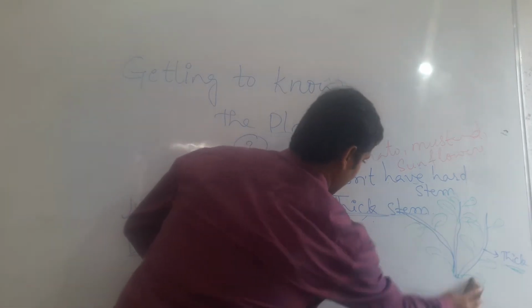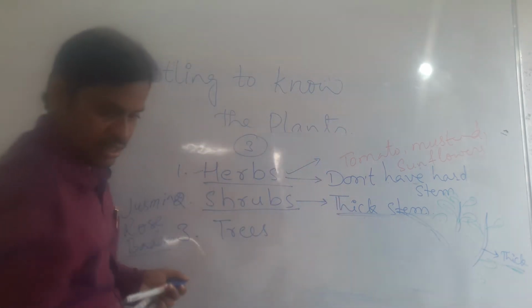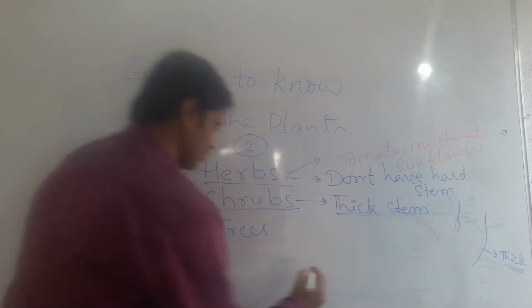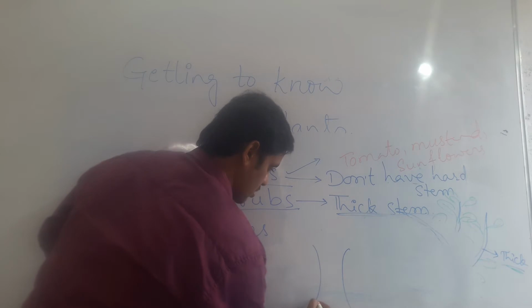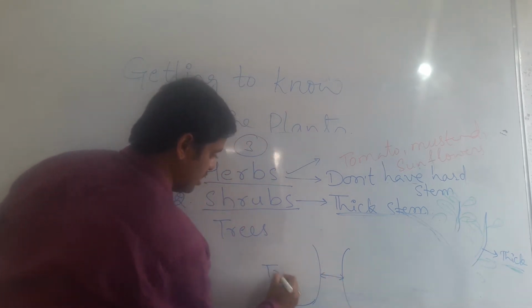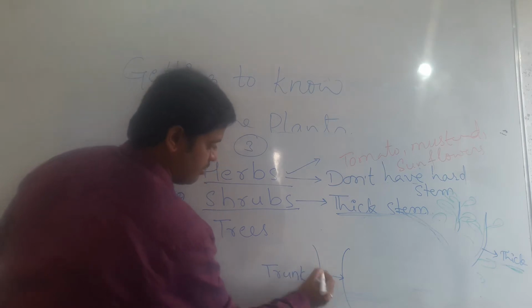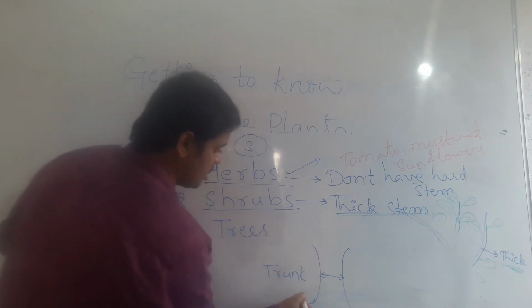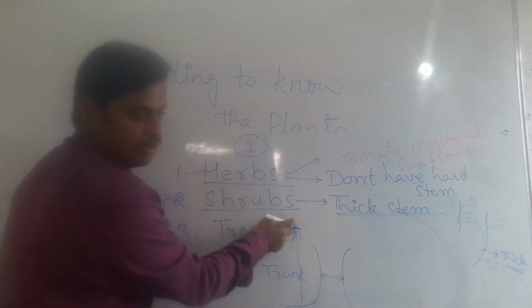I think you know very well about trees. Trees are organisms which have a strong trunk. Look at this. This is the trunk of the tree, and it shows branches very high above the ground.